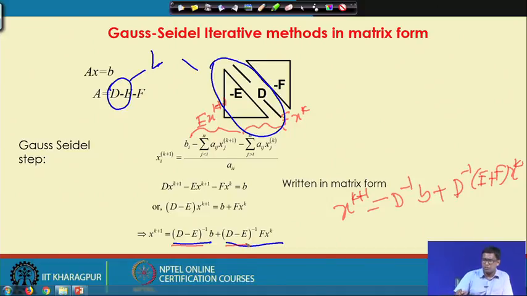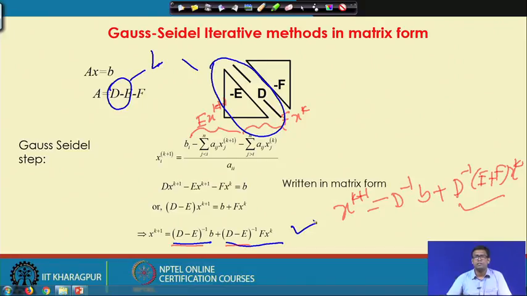Nevertheless, both these forms, the Jacobi form and the Gauss-Seidel form, have something similar: in appearance they look similar.